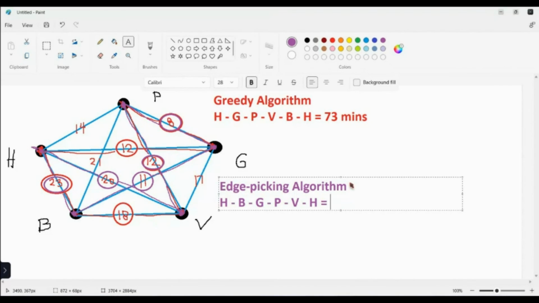Total driving time, 8, 12, 11, 20, 23. Anyone?